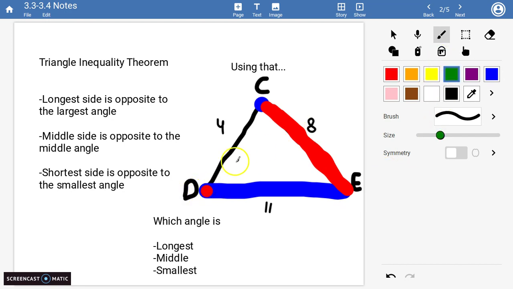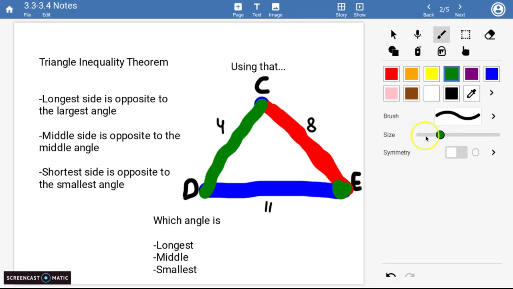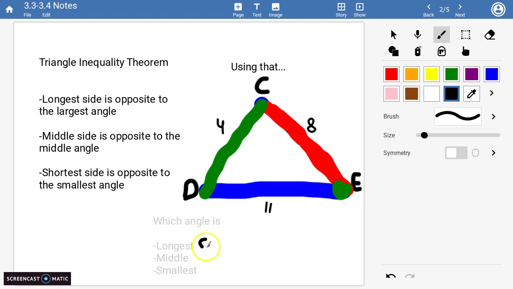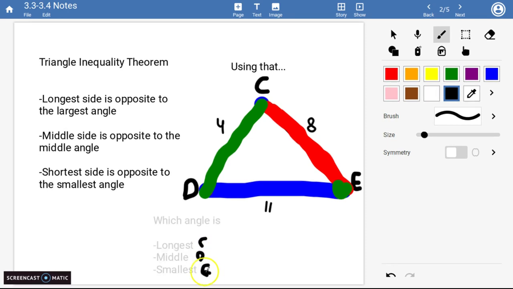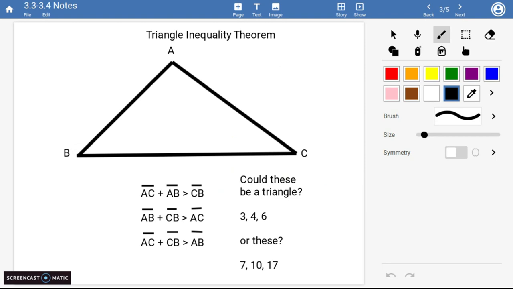And then the shortest side is this 4, and it is opposite to this E. So the answer would be the largest one is C, the middle one is D, and the smallest one is E. That's that. Alright, now the triangle inequality theorem.